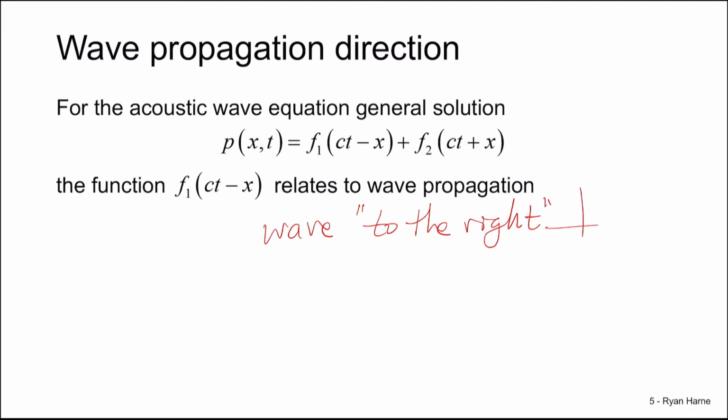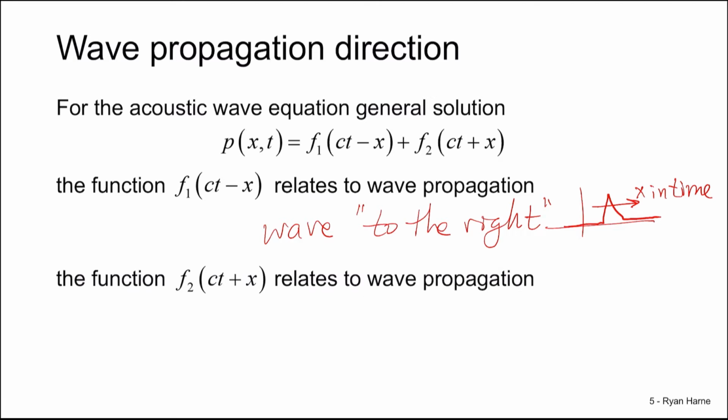So that wave propagates in time. And if we perform the same routine like we did on the prior slide, we'll find that the function ct plus x is a wave to the left.